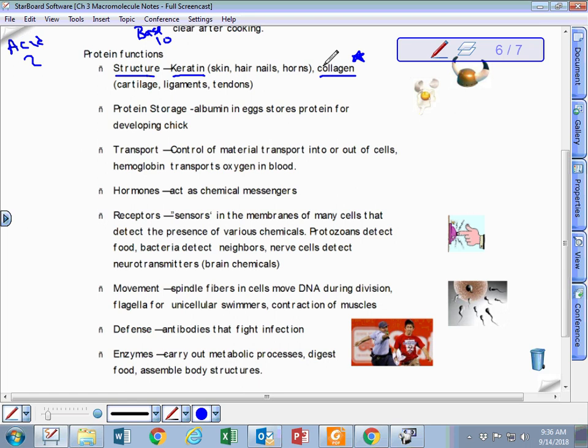It's what holds all of your muscles onto each other. It's what holds your muscles onto your bones. It holds your bones to your other bones. It reinforces the insides of your bones. It wraps all of the muscles. It reinforces the walls of your arteries so they don't pop when your blood pressure goes up. It's everywhere.